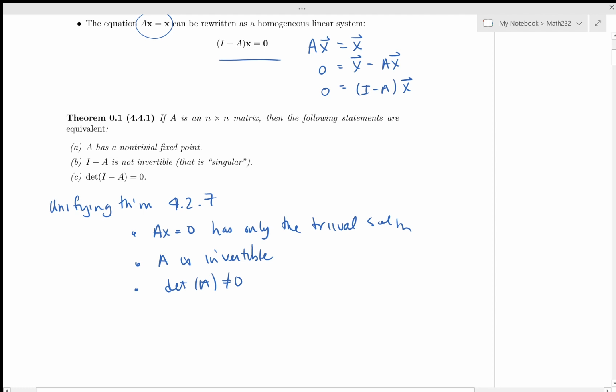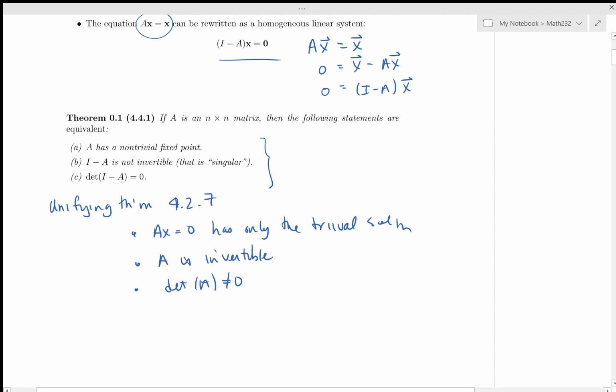So if you take a look here, all these three things are a negation of those things. Ax equals 0 has a non-trivial solution. A is not invertible, and the determinant is 0.